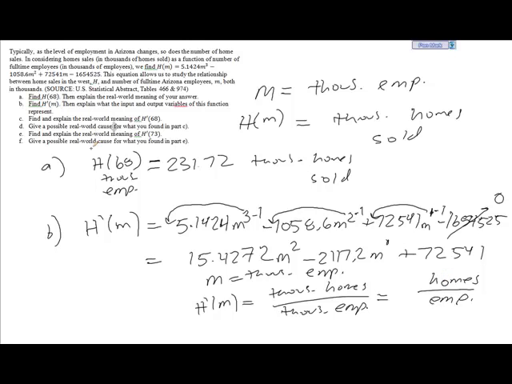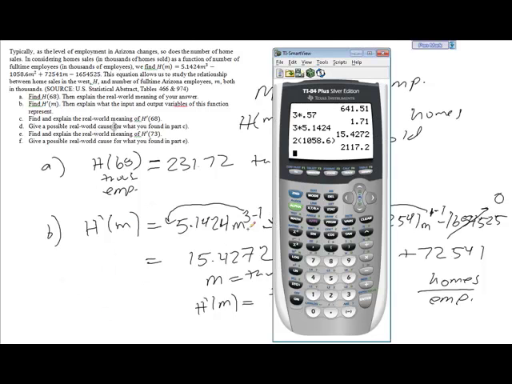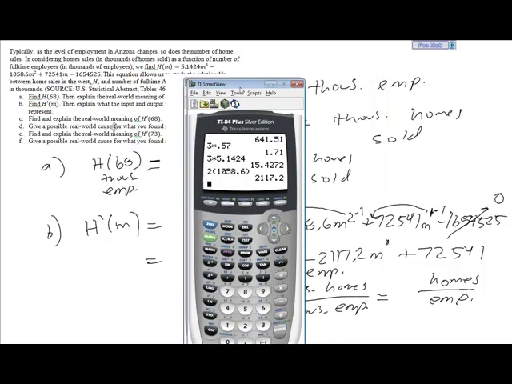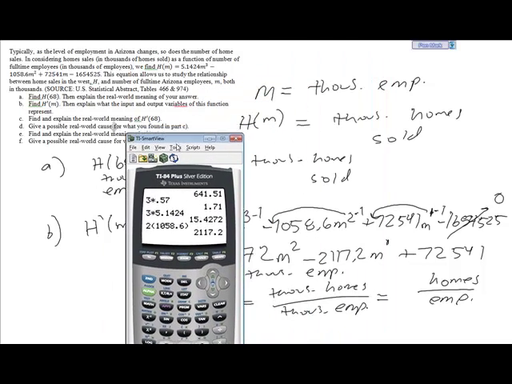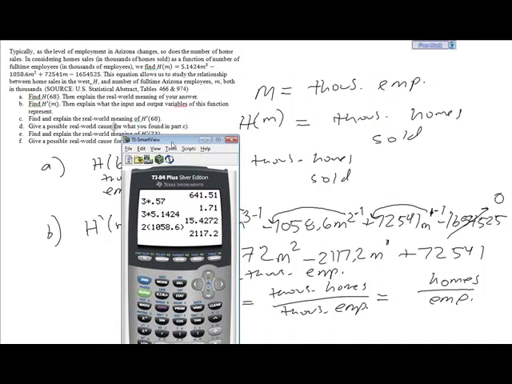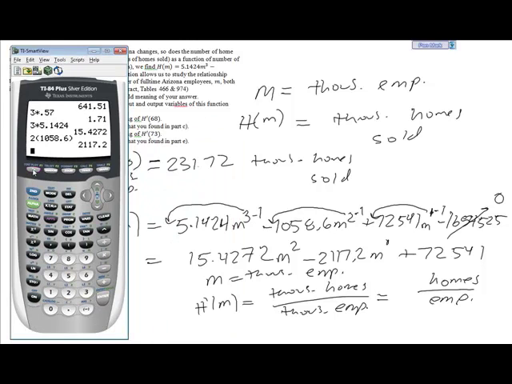Now we want to find and explain the real world meaning of h prime of 68. So I'm going to enter my derivative into my calculator, and I'm going to have to do it twice. I'll go ahead and enter this into my y equals screen. I cleared this out because I don't need it anymore.